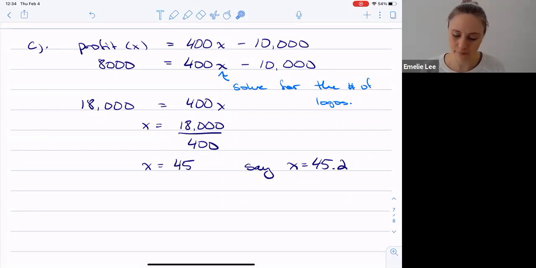But for us, when we're talking about it, right, if you went to your boss and you said, oh, you'd need to make 45.2 units, your boss would be like, well, how am I supposed to make 0.2 units? Oh, right, make 46 then, right? And that's just from how we understand, okay, the more we produce, the more profit we make, right?